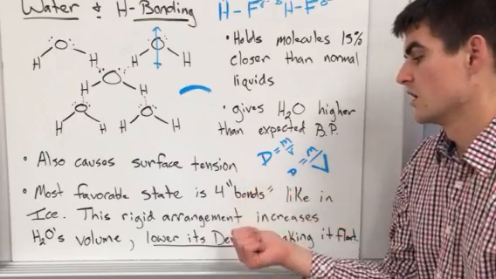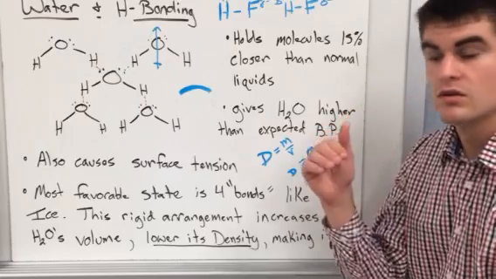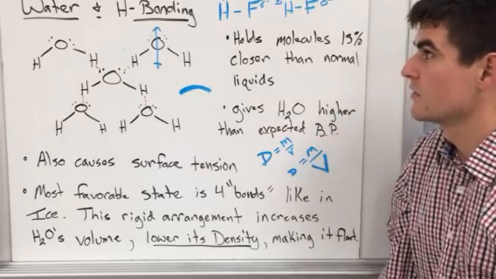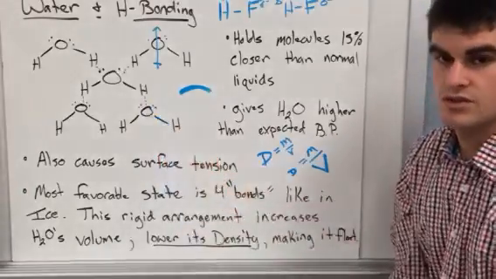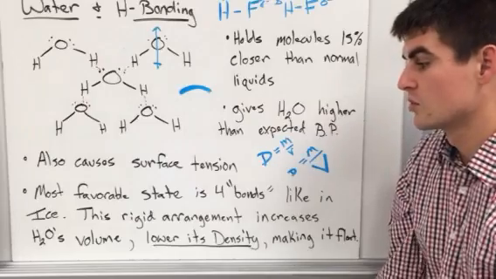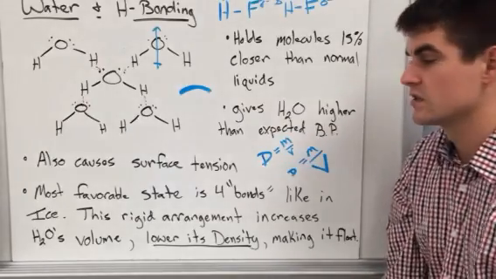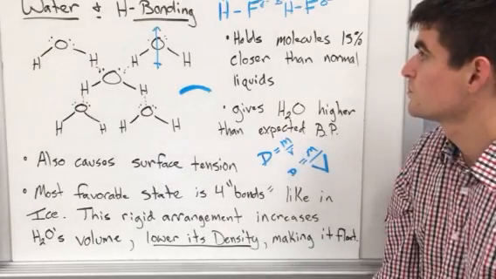Because ice has lower density, causing it to float, we don't have to worry about that. So something as simple as this little extra attraction is pretty important to pretty much every ecosystem in cold climates.